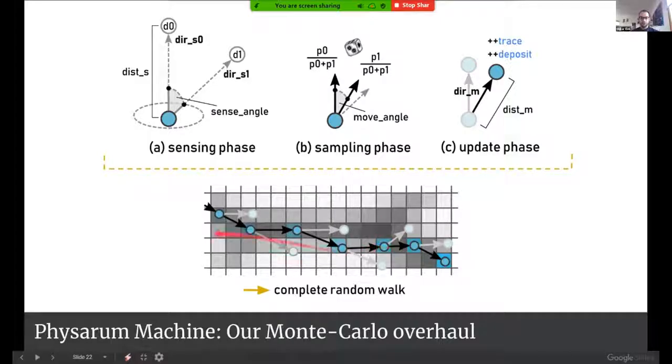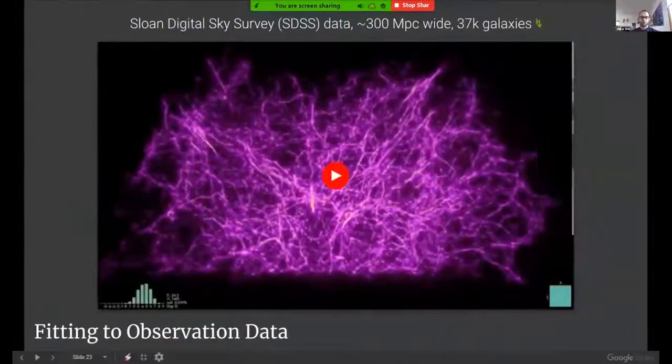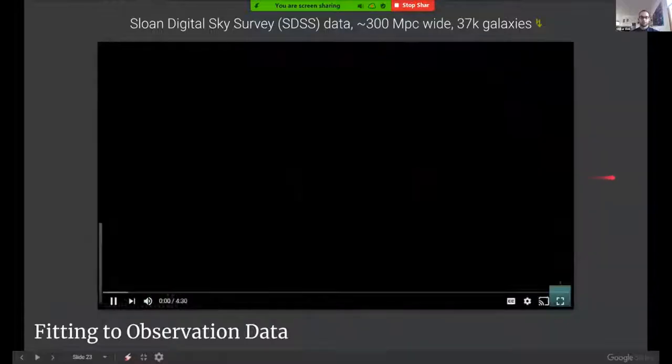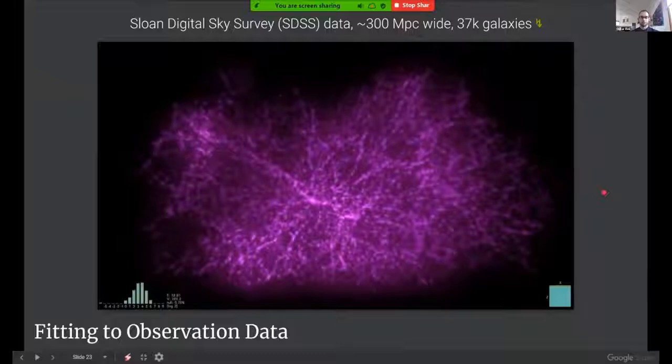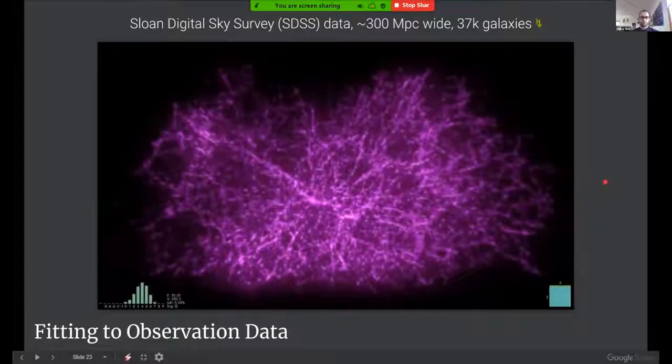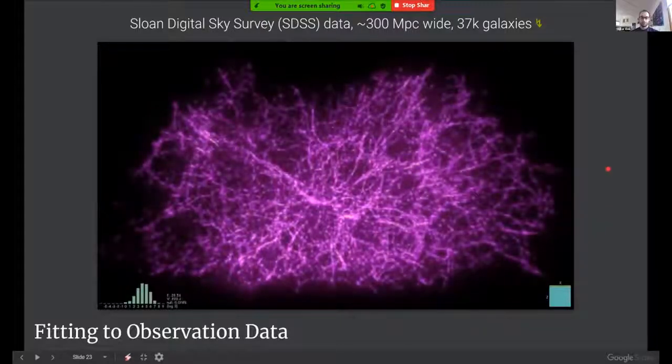You can also see that the agent leaves these cyan footprints, which then form the actual geometry of the transport network. So it's not the agents themselves that you see in these renderings or visualizations. It is the superposition of their trails that we are visualizing and using to represent the cosmic web.